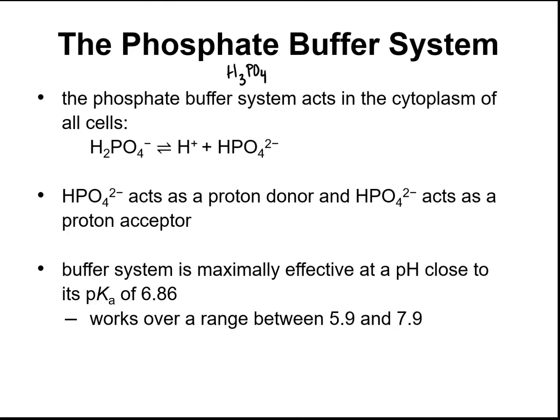In the cell, what we're looking at here, we've lost one of those hydrogens to make a hydrogen ion and a conjugate base. This buffering system is effective close to its pKa. 6.86 is the pKa, so it works over a pretty broad range, 5.9 to 7.9. That means that it will help to keep your body happy, keep it around the right pH.